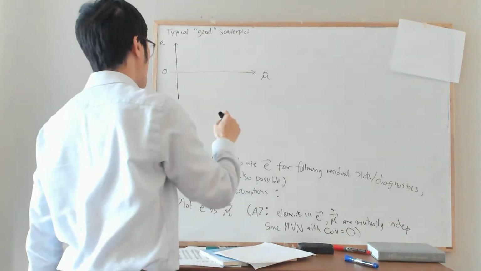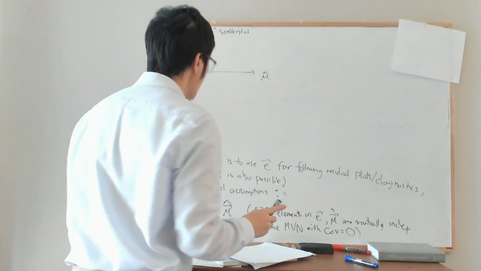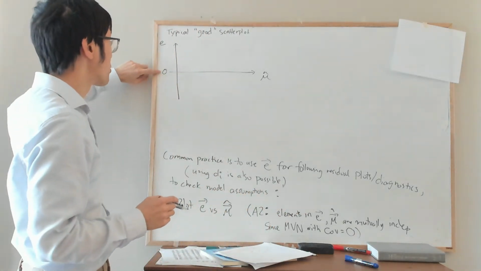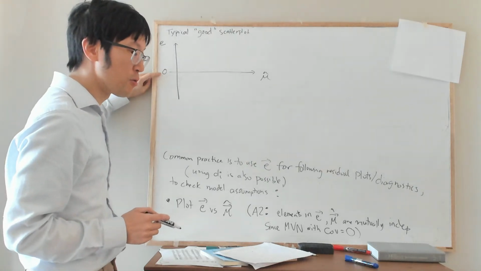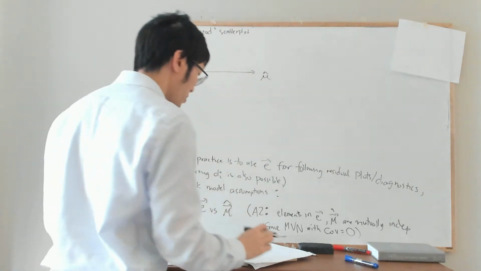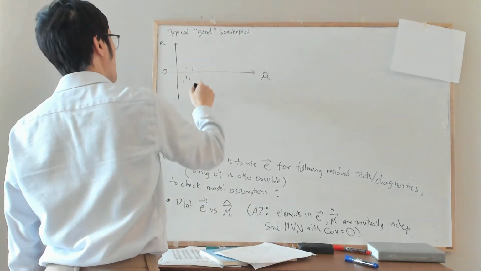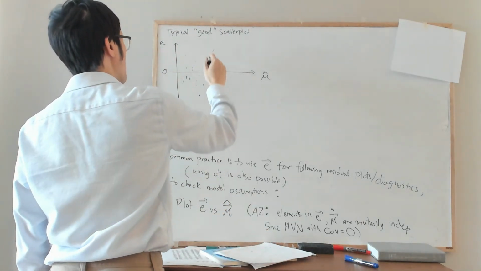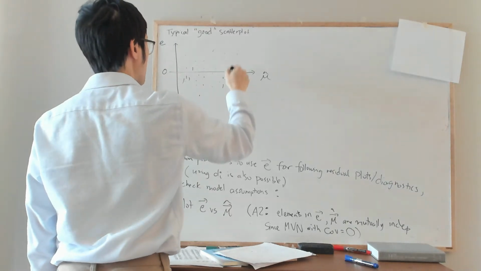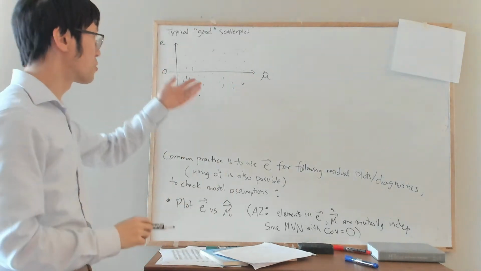We have a scatter plot of them, and we know the average residual is 0, which is why I'm putting this 0 line here. If there's nothing wrong with the model assumptions, you're going to see a random scatter around the zero line.